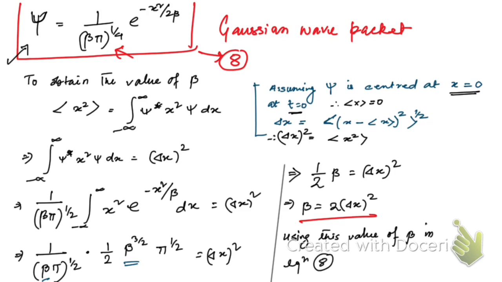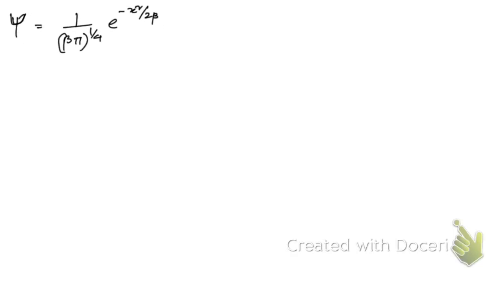If we use that value here, let me take a new slide. Let me copy equation number 8. Here is the new slide, this is equation number 8, and we have got beta is equal to 2 del x whole square.